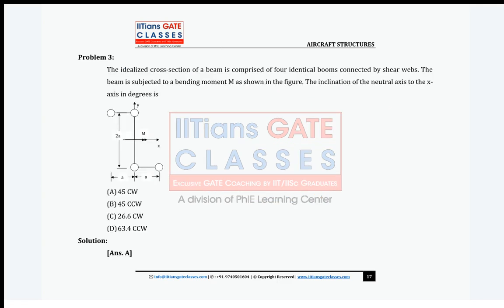Read this question, guys, what it says. The idealized cross section of a beam is comprised of four identical booms connected by shear webs. The beam is subjected to a bending moment M as shown in the figure.